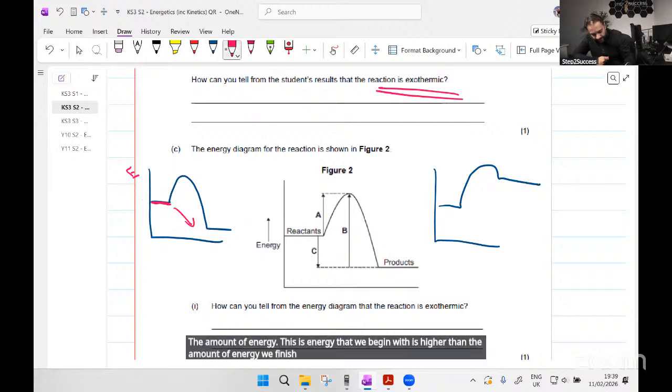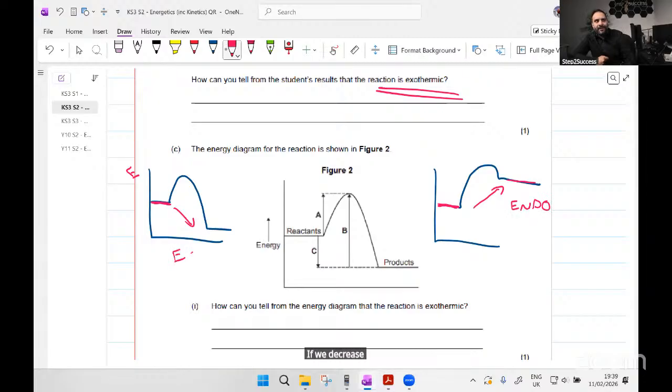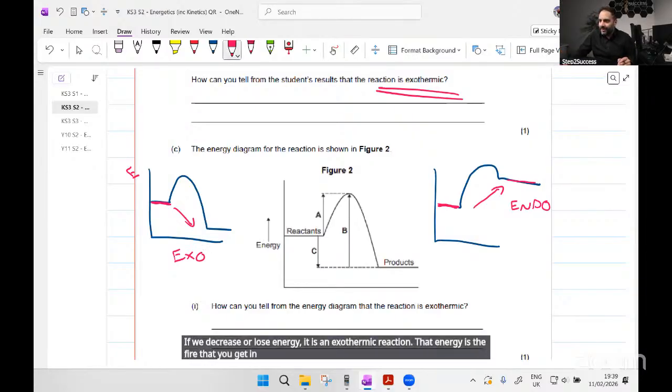See how we've gone down there to finish. Whereas in the other one, the amount of energy we start with is lower than the amount of energy we've added. If we increase in energy, it is an endothermic reaction. If we decrease or lose energy, it is an exothermic reaction. That energy is the fire that you get in an exothermic reaction.